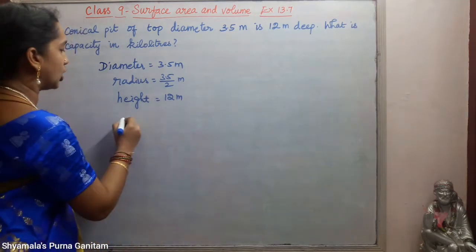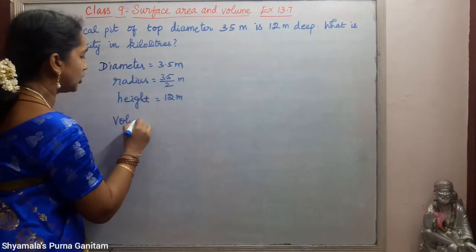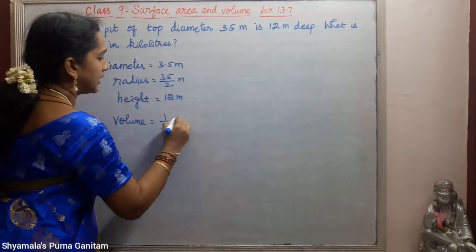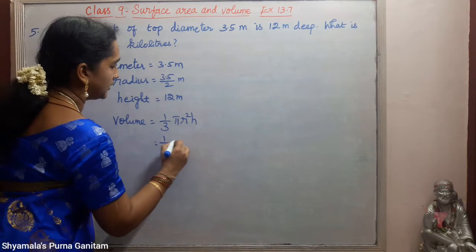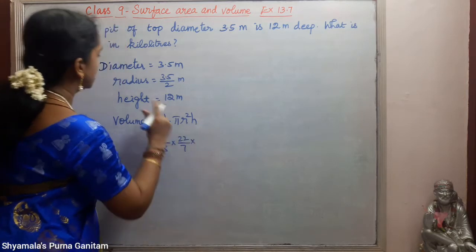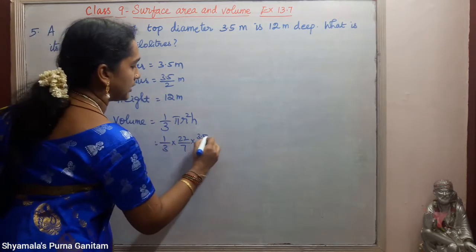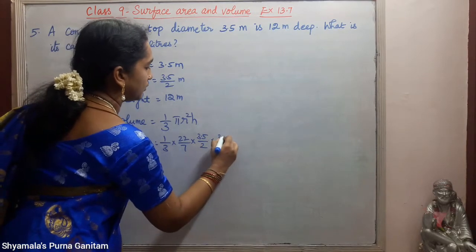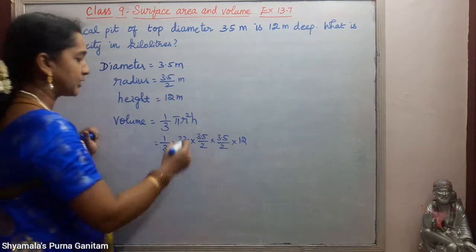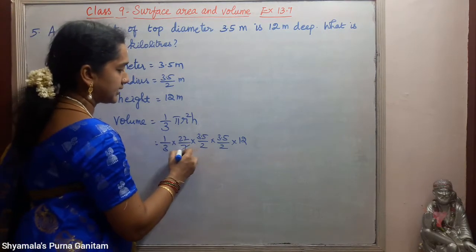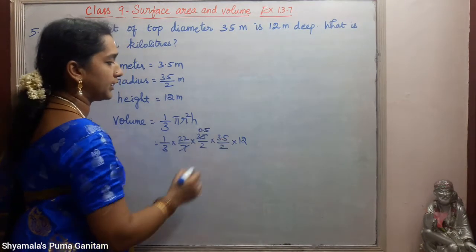First we will find the volume of that. So volume is equal to 1 by 3 pi r squared h. So 1 by 3 into 22 by 7 into radius 3.5 by 2 into 3.5 by 2. Height is given as 12 meters. So when we simplify this, 7 5's are 35, so 0.5.